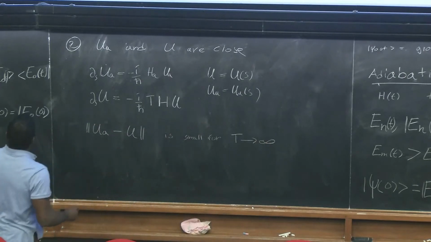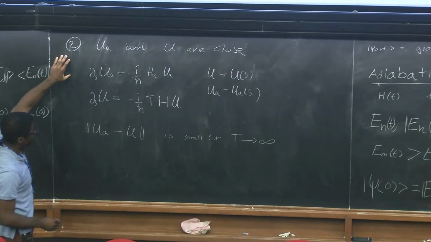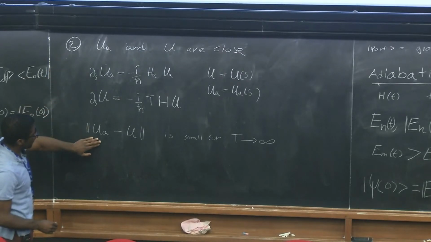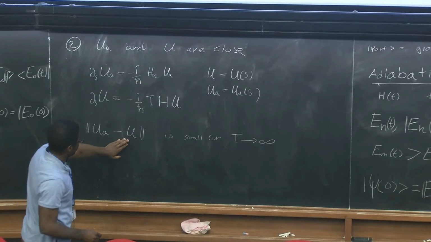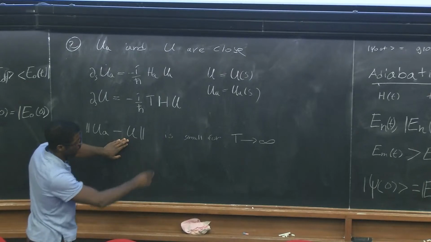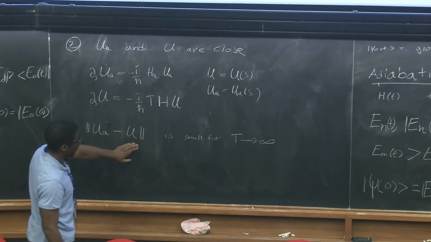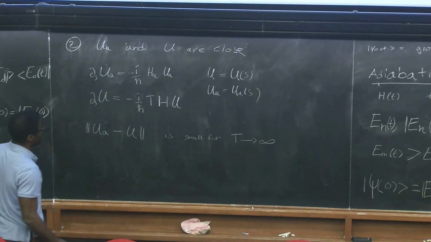So after defining the evolution, we have defined the exact adiabatic evolution, and then the idea is to show that the exact adiabatic evolution is actually close to the evolution operator induced by the original time-dependent Hamiltonian, when the process is slow enough, so when T is going to infinity.